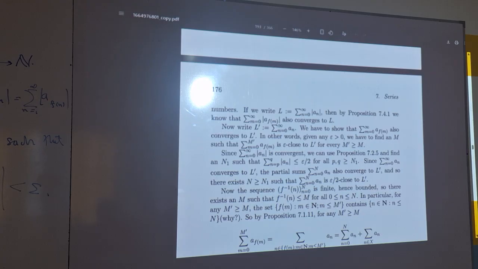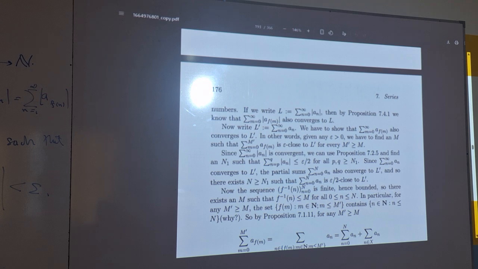I discussed it at home, but I cannot see it now. Can you guys see? If you take any capital M dash greater than or equal to M, the set of all m less than or equal to M dash contains the set of all n less than or equal to N.